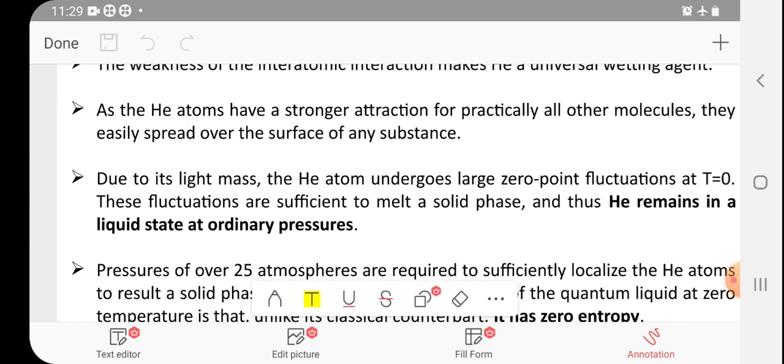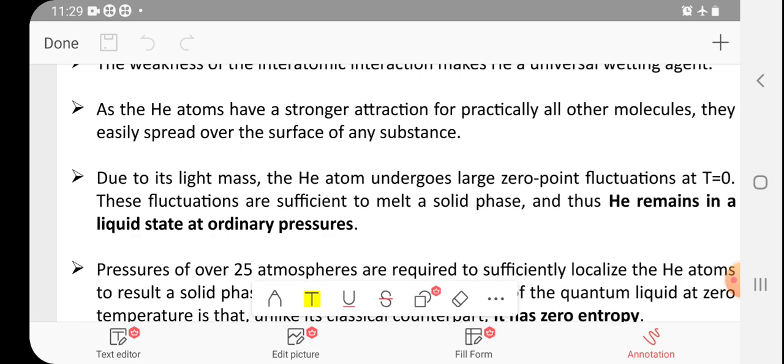Next, due to its light mass, the helium atom undergoes large zero-point fluctuations at T equal to 0. This particular point is very important. I am again repeating, the mass of the helium atom is very low.